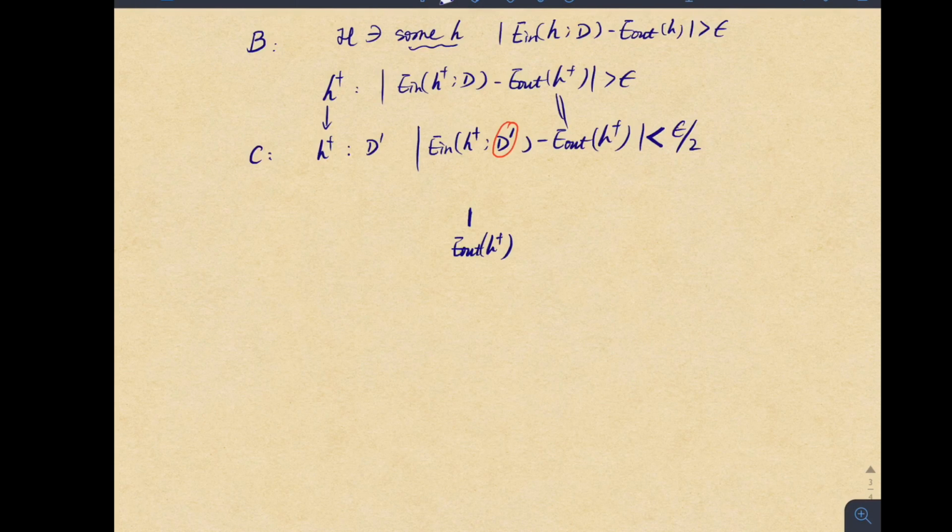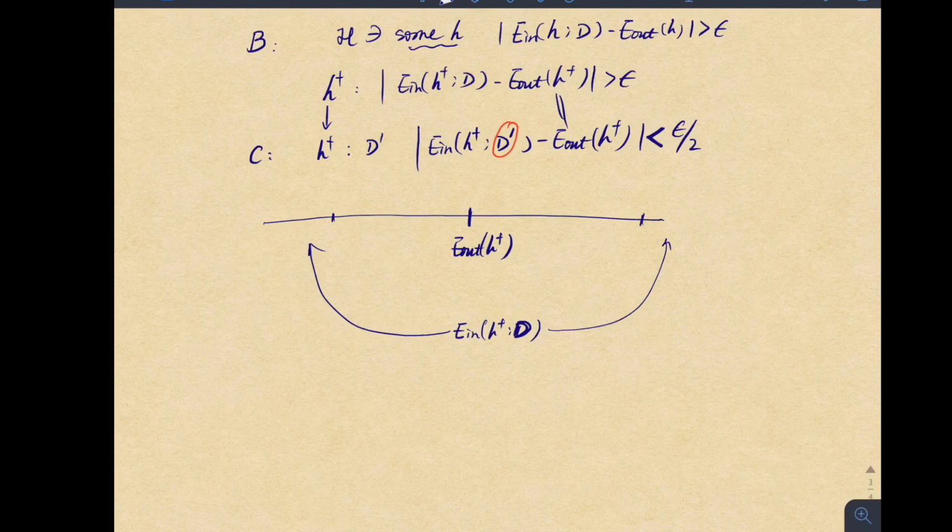This is the center, and so in event B, it is determined that the in-sample error of H cross evaluated on the original dataset falls in these two regions, which are away from E out by at least epsilon.